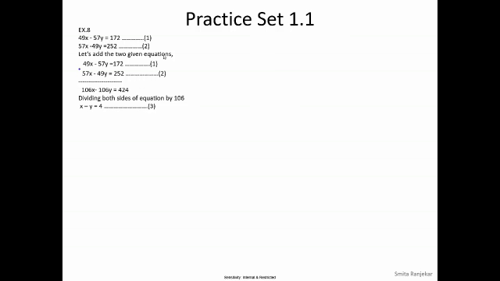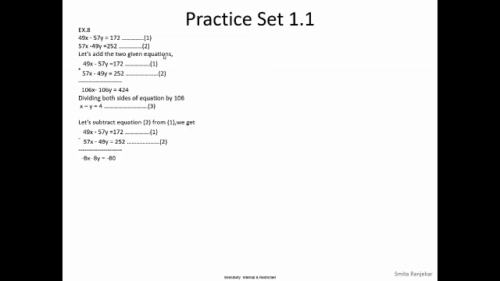Then, we are going to subtract equation 2 from 1. Then, again sign of second equation will get changed. So 49x minus 57x is equal to minus 8x, then minus 8y is equal to minus 80.